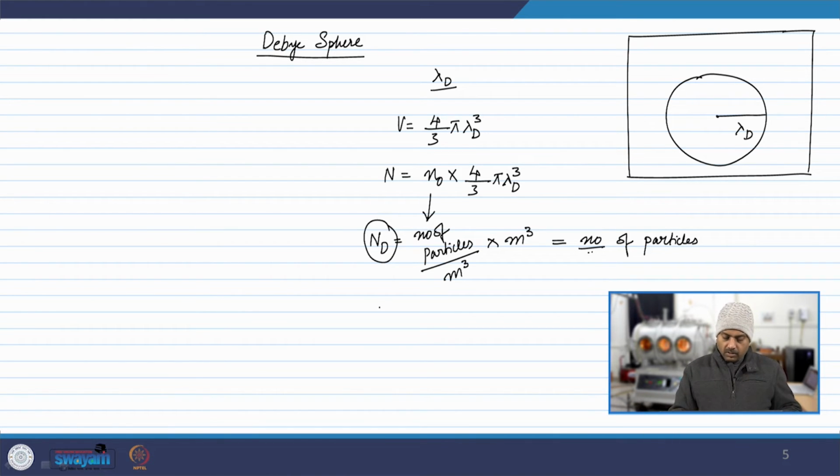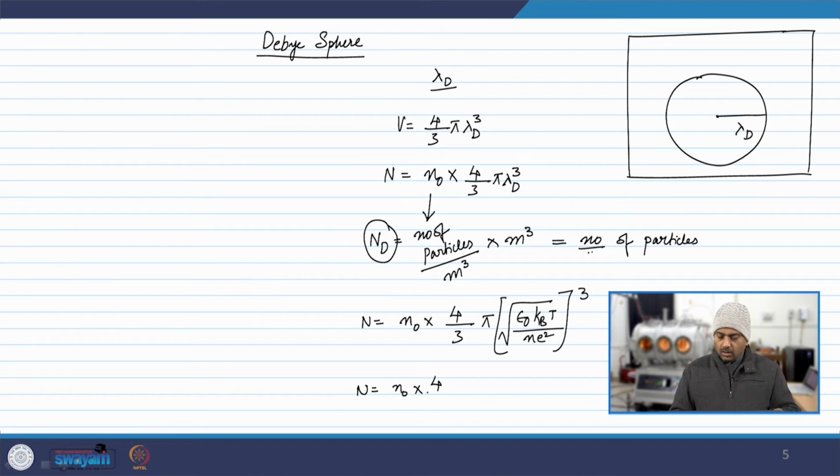Here we can substitute the value of lambda D, which we have derived, so N_D is equal to n naught into 4 by 3 pi times lambda D, which is the square root of epsilon naught kBT by n e square, all of this raised to the power of 3, or N_D is equal to n naught into 4 by 3 pi times epsilon naught kB Te by n e square raised to the power of 3 by 2.